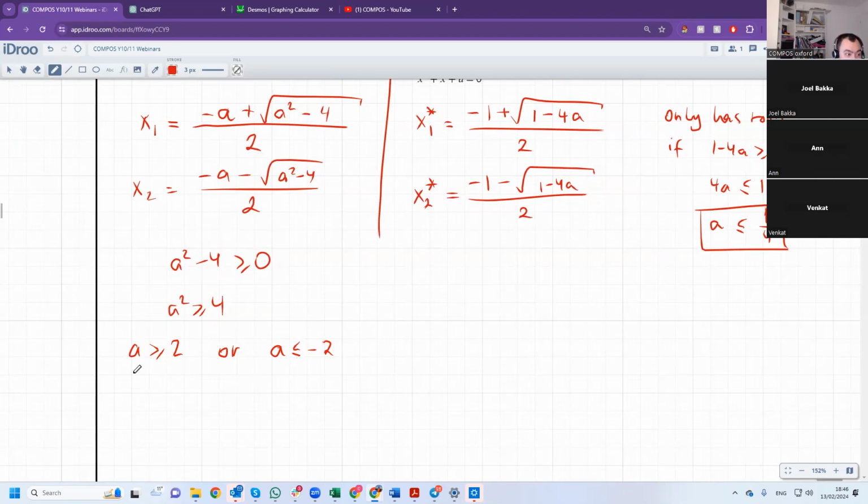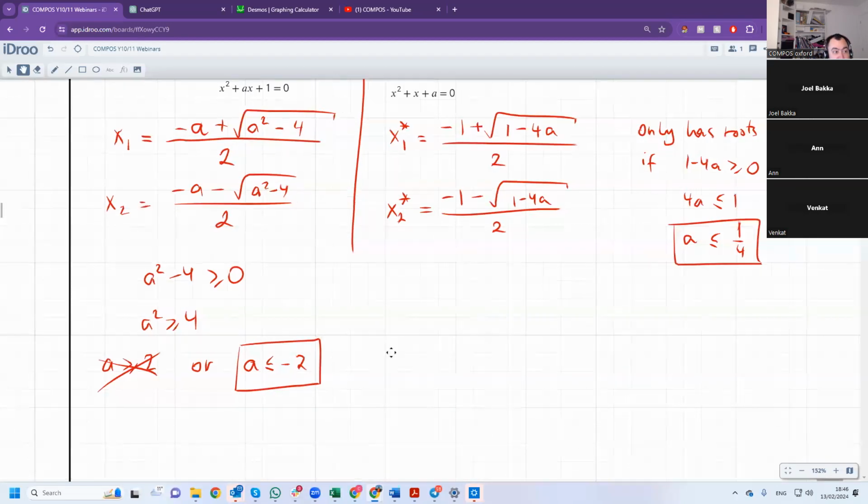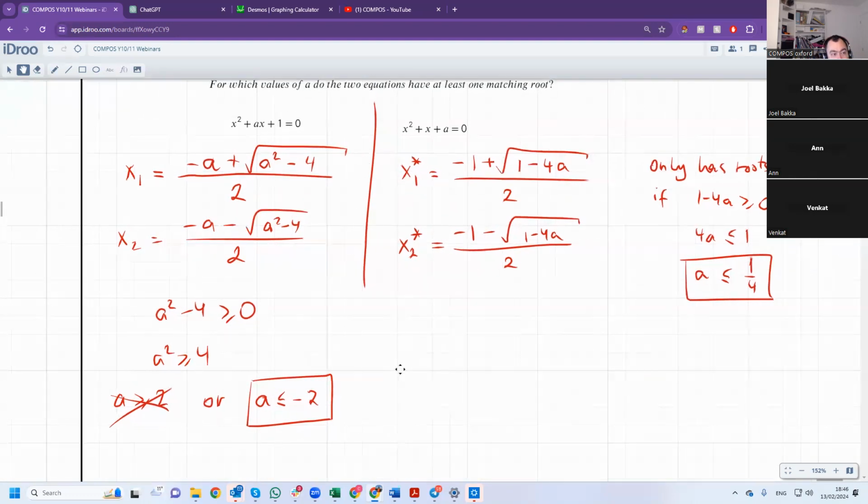Now this one isn't suitable because we already know that a is less than a quarter. So we can only consider negative a's.